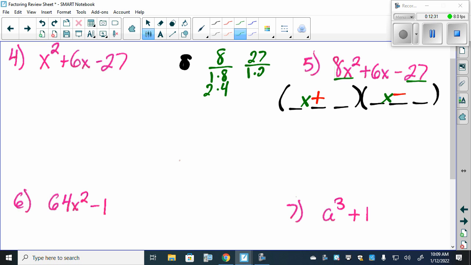Factors of 27 are 1 and 27, 3 and 9. So for 8, which ones do we want to look at first? 1 and 8 or 2 and 4? 2 and 4. Doesn't matter where we plug them, we can do 2 and 4. For 27, do we want to use 1 and 27 or 3 and 9?